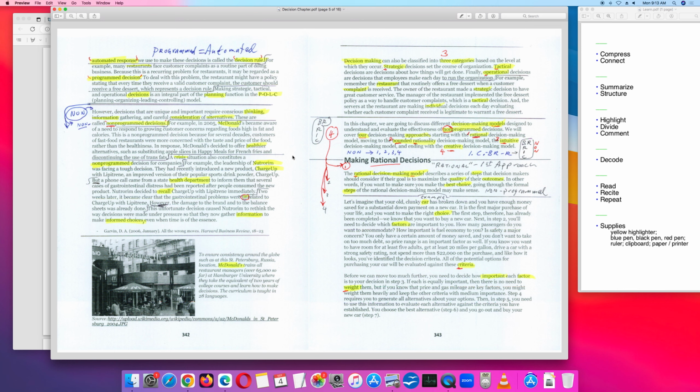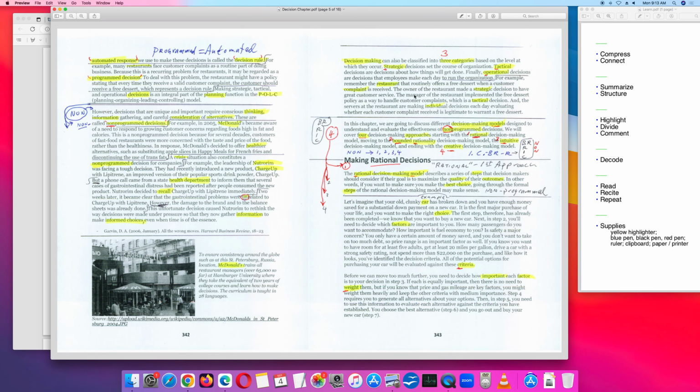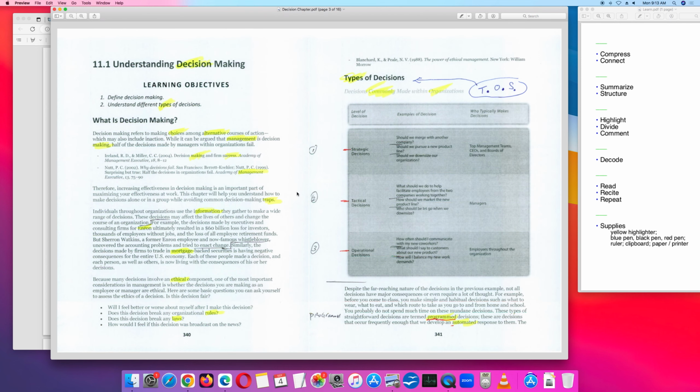All right. So here's part of the confusion. Types of decisions. You have a diagram with TOS, tactical, operational, and strategic, which is discussed on page 343 at the top. And then another category. So basically there's two ways to categorize. There's category based on the level in the organization, CEO, manager, and operational, which stands for TOS.